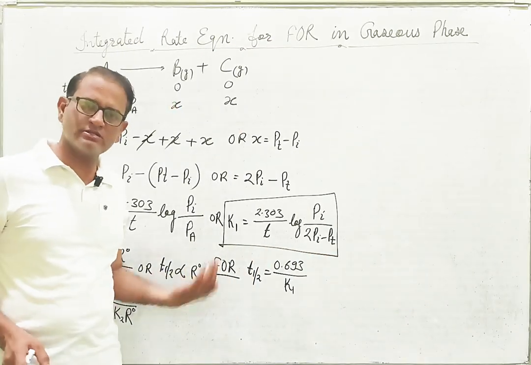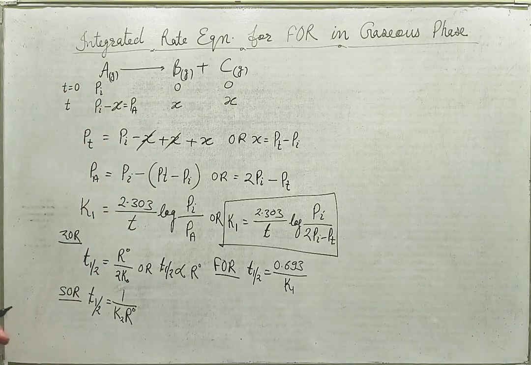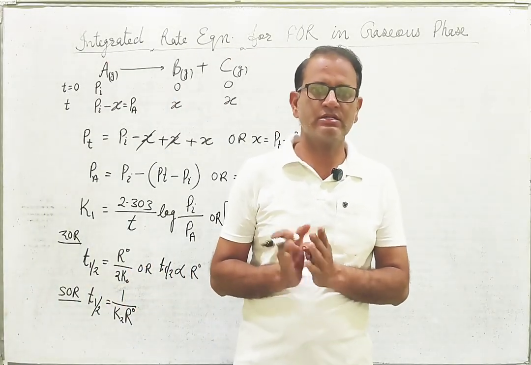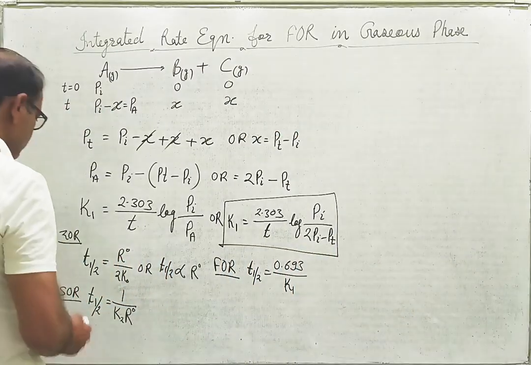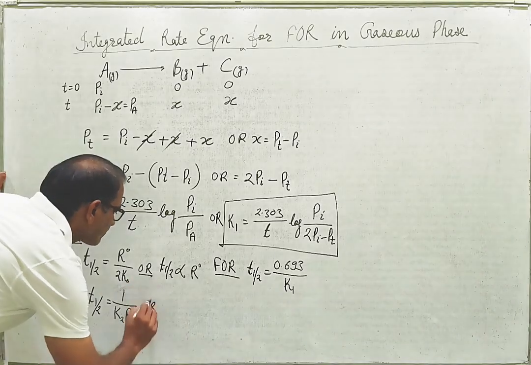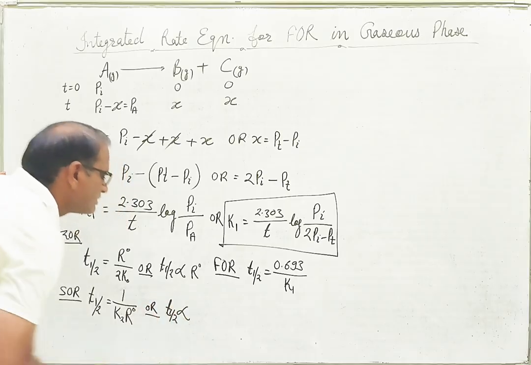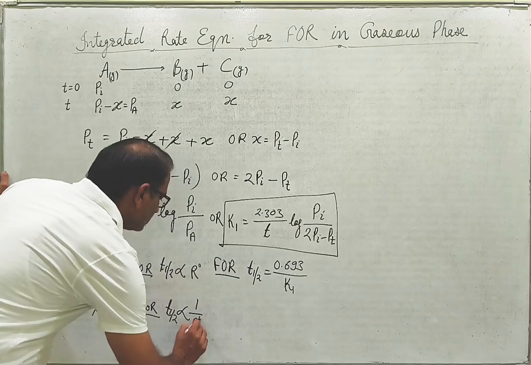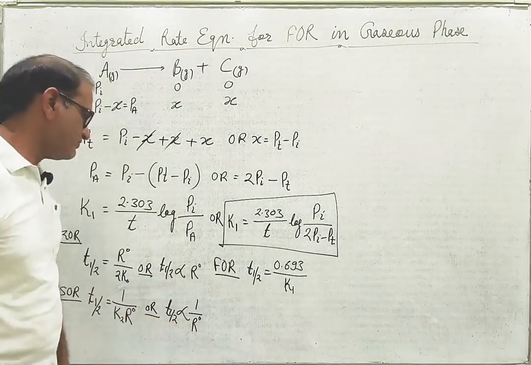In college chemistry, of course, we will discuss second order reaction, third order reaction as well, but for 12th level we are discussing only zero order reaction and first order reaction in detail, and some half-life periods for second order and third order reaction as well. Or we can say T half of second order reaction is inversely proportional to the initial concentration R naught of a reactant.